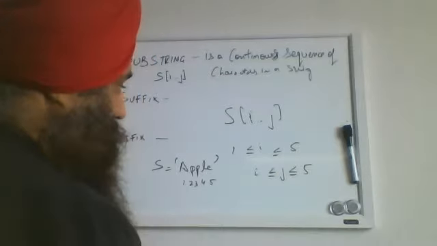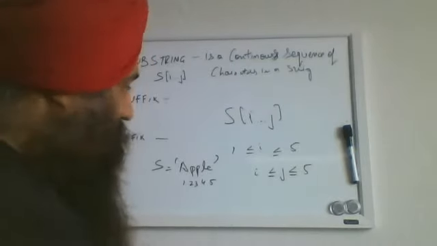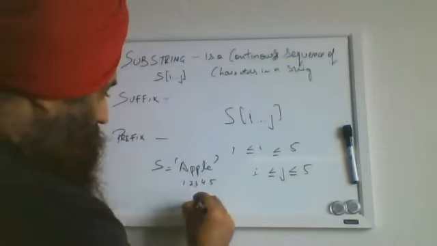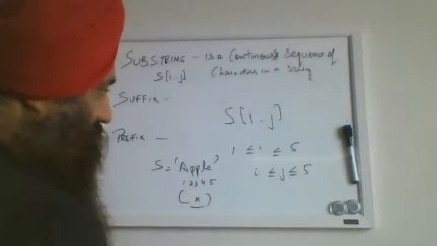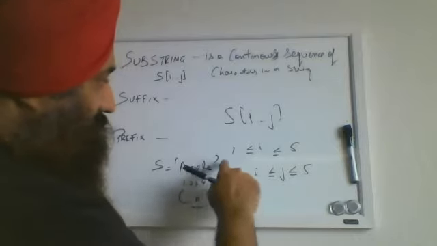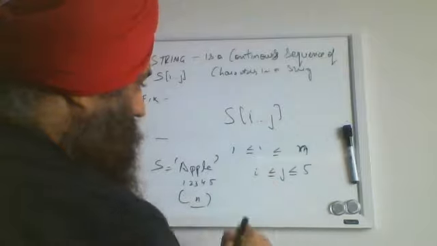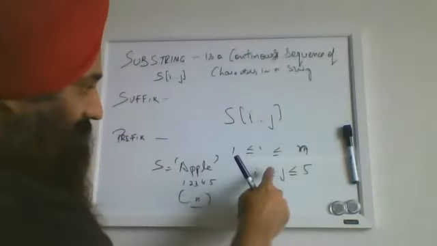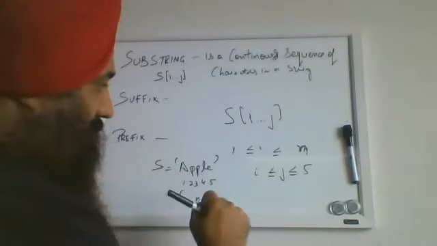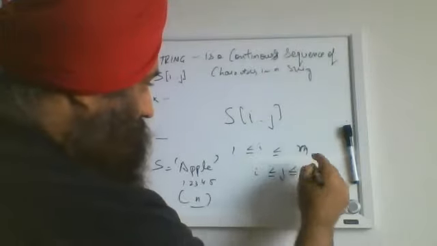or if you have to represent it in the length of the string, suppose the length of the string is n, then i can be in the range of 1 to n, and j is greater than or equal to i, and less than or equal to n.